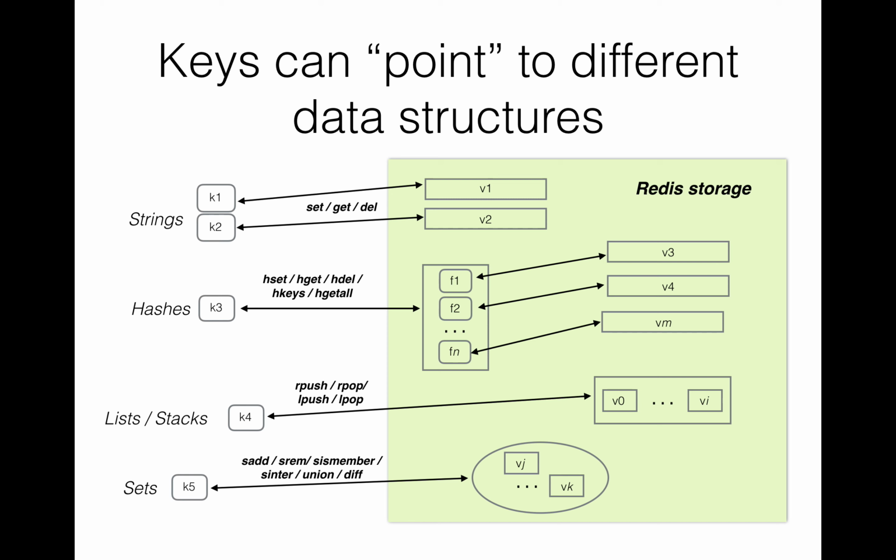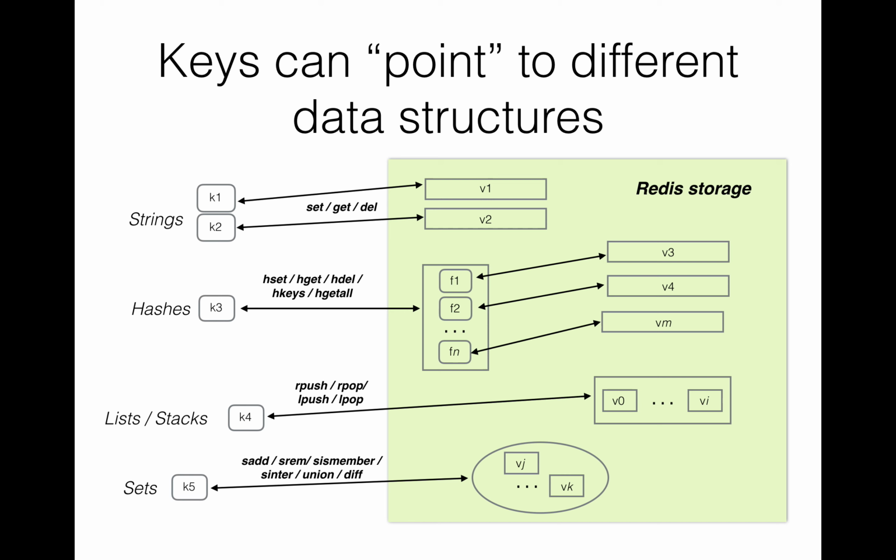but there's much more. We can have a hash where there's always a key we need to refer to. This key can contain a hash which has subkeys, which are called fields, so F1, F2, etc., Fn, and each field in a hash can point to a value.